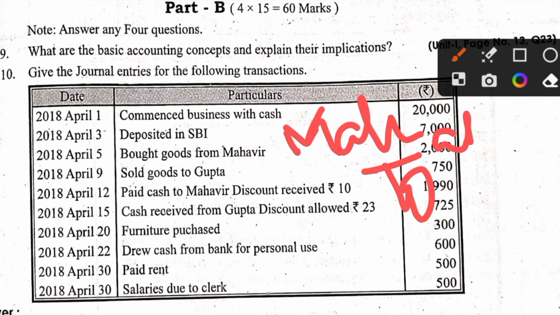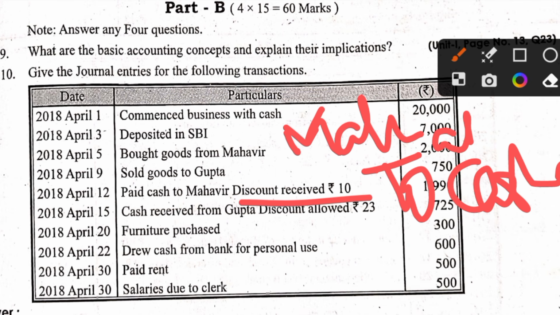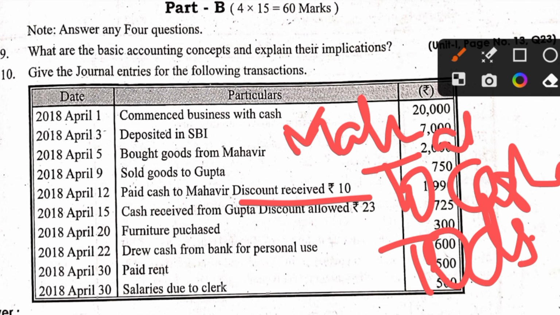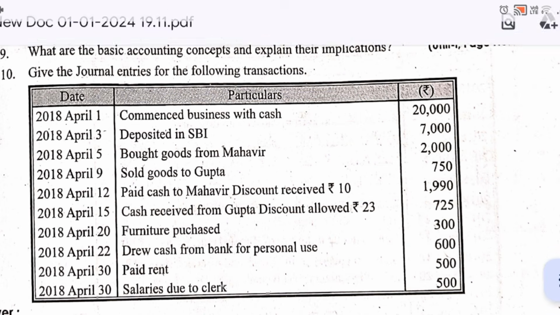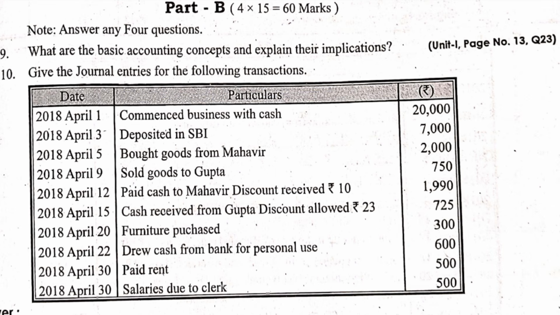If we are paying, cash is going out, to cash account, and we are receiving discount also, no ma, to discount account అని కూడా రాయాలి. 1990 డెబిట్ సైడ్, 1990 క్రెడిట్ సైడ్ అమౌంట్లో కూడా వేసుకోవాలి. అండ్ డిస్కౌంట్ రిసీవ్డ్ 10 రూపీస్ కదా, అది కూడా క్రెడిట్ సైడ్ వేసుకోవాలి మనము. So Mahavir is a receiver. Okay, we are paying cash to Mahavir means cash is going out, right?